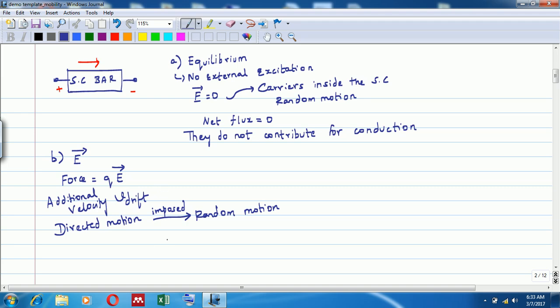The expression for drift velocity is V drift is equal to mu into E. We know that E is the applied electric field. And what is mu? Mu is the mobility. You have to remember this expression.